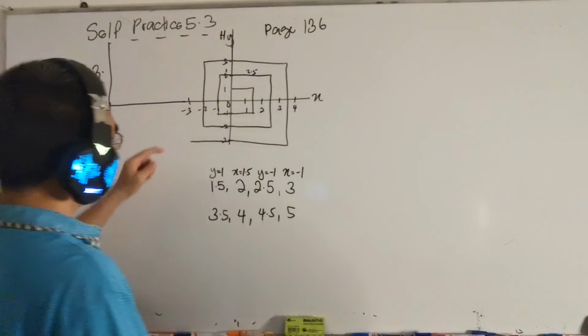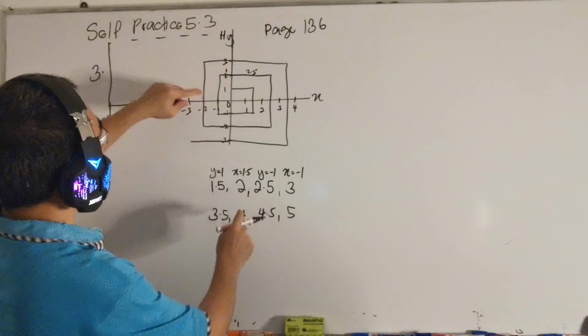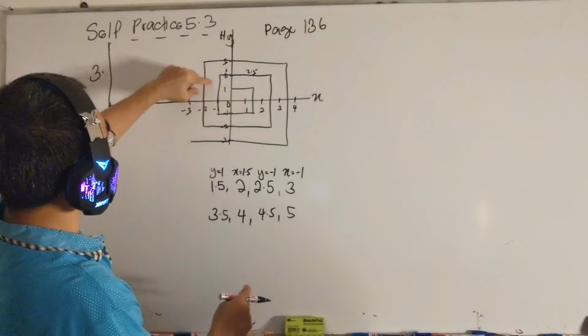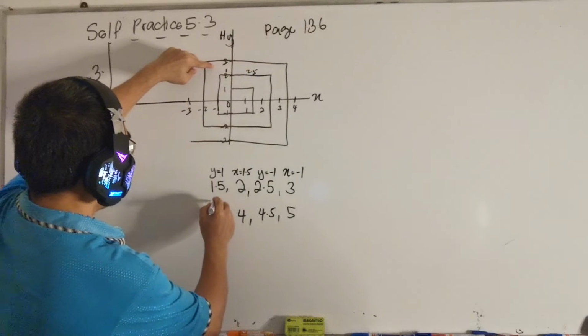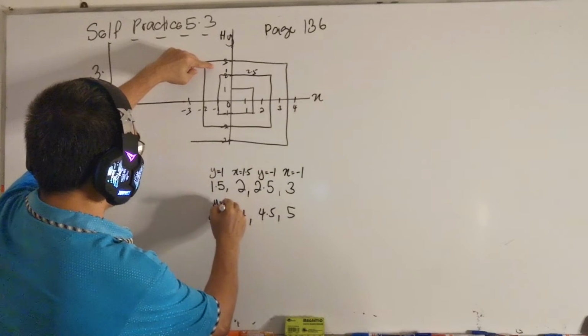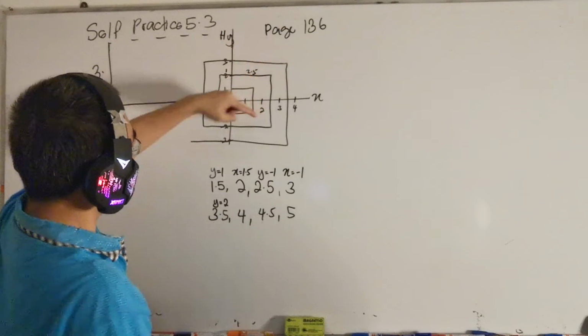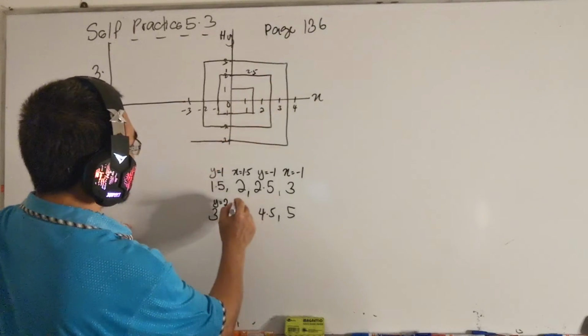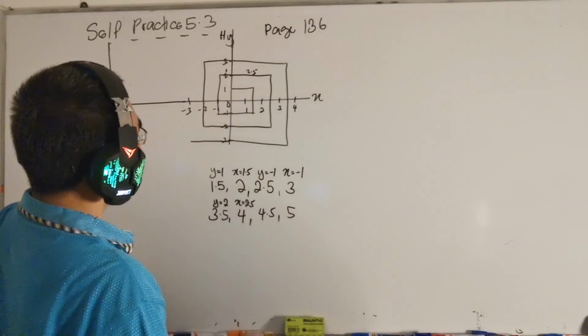The next one, the arrangement, right? So I have x equals negative 1, then y equals 2, then x equals 2.5.